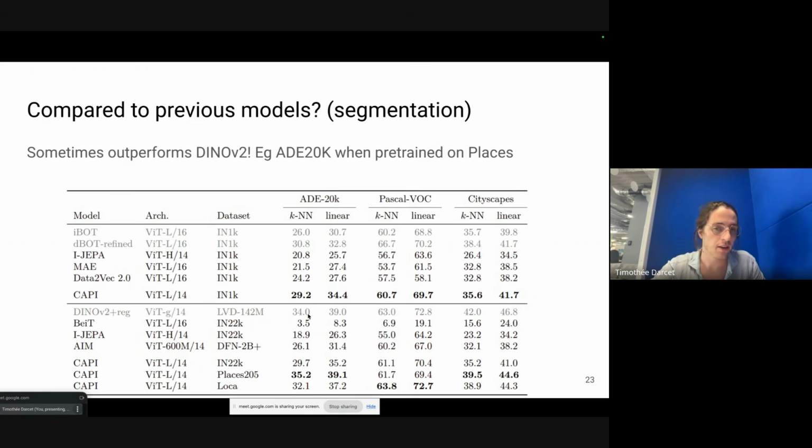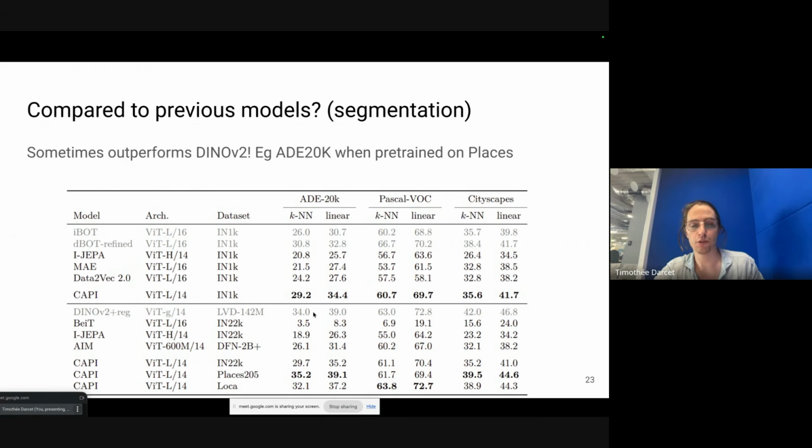Now, it's not an absolute win, because if you compare on the other datasets, this Places205-trained CAPI is not better. On Pascal VOC, it does not outperform DINO v2 plus reg. On Cityscapes either. So DINO v2 plus reg is not the best here, but it is the best balanced, all-around good model.